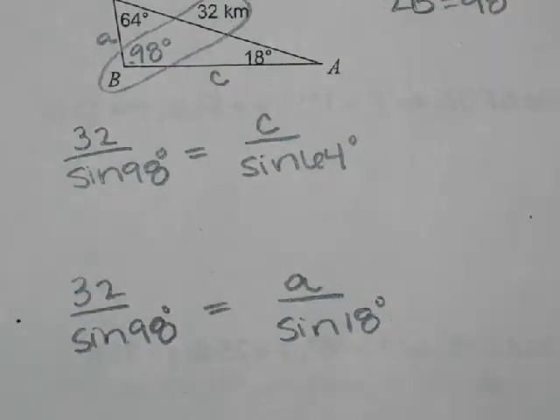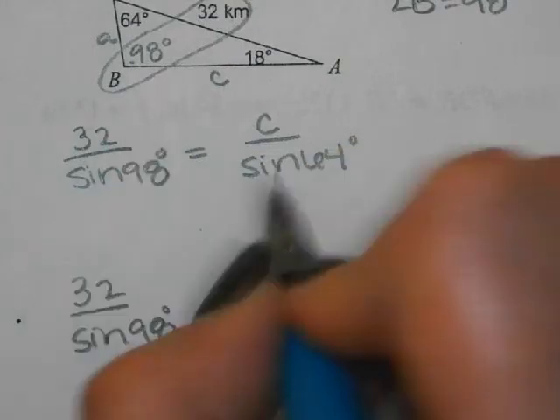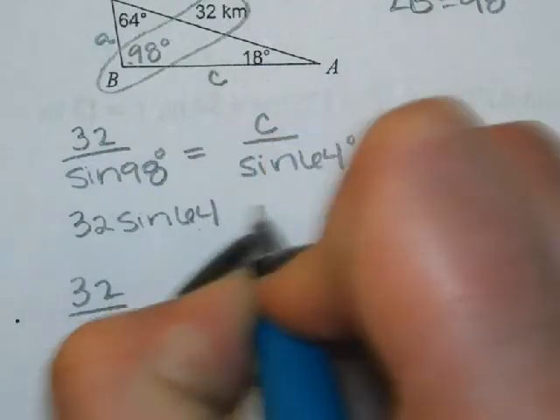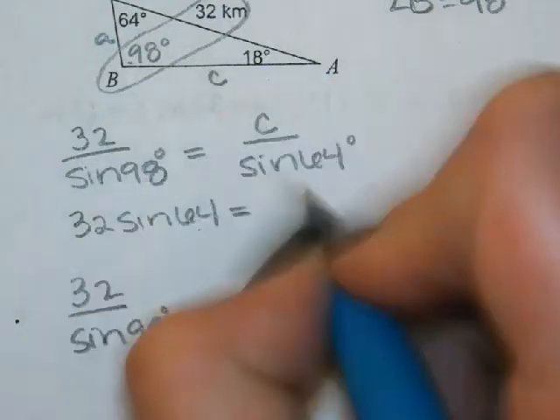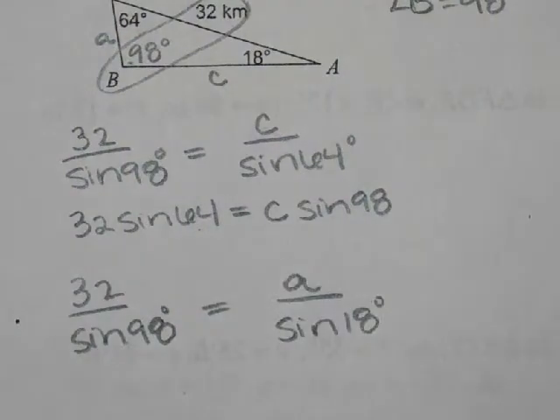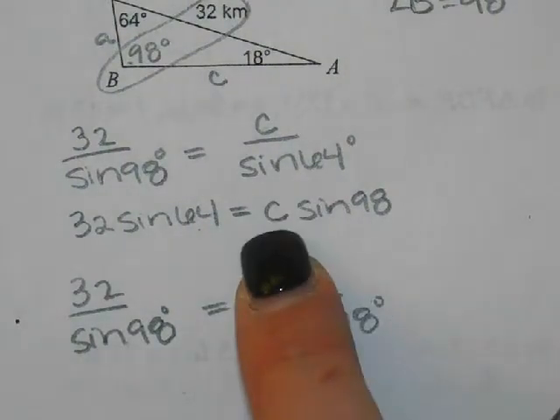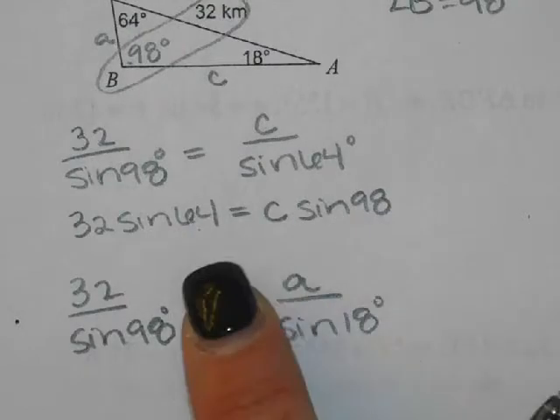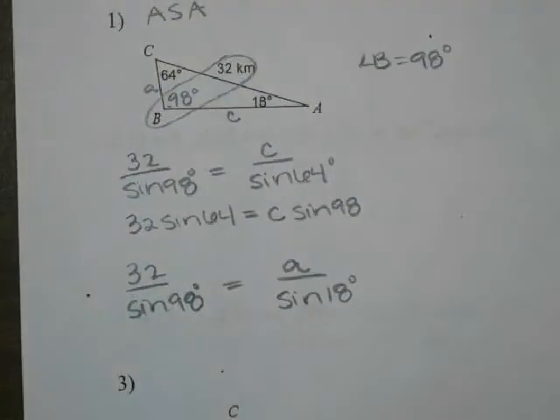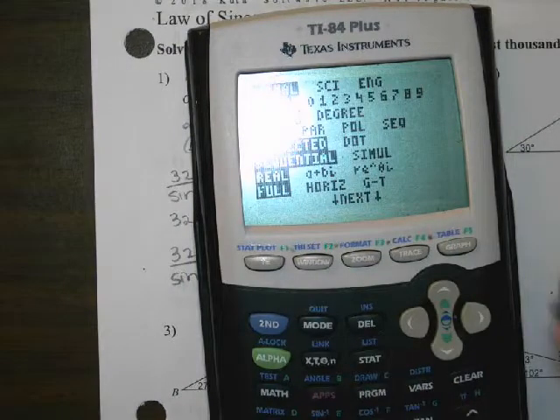We cross multiply. So I'm going to get 32 times sine 64 equals C times sine 98. And how do I solve for C right there? Divide sine 98 over to the other side. Okay. What mode should our calculators be in if we're dealing with triangles? Degrees. So go ahead and hit the mode button and just make sure that you're in degrees.